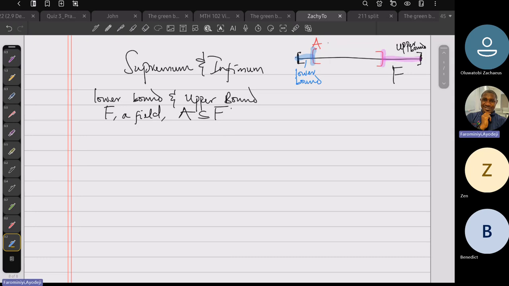So the elements of A are maybe small letter a, all the things you can see here. An element of F, let's call them small letter f.